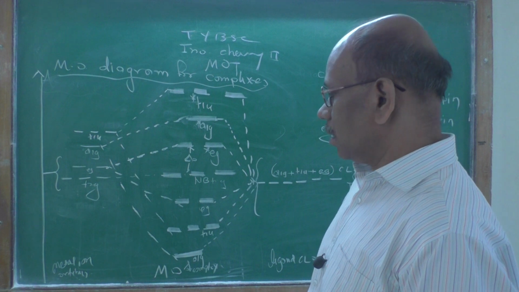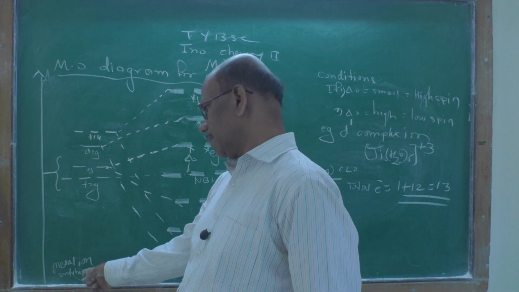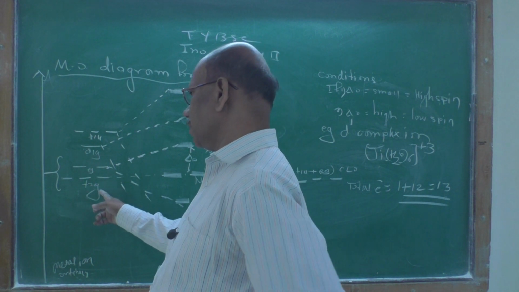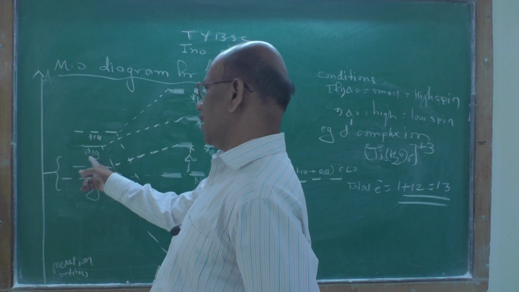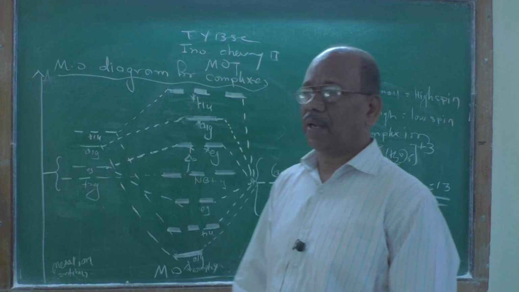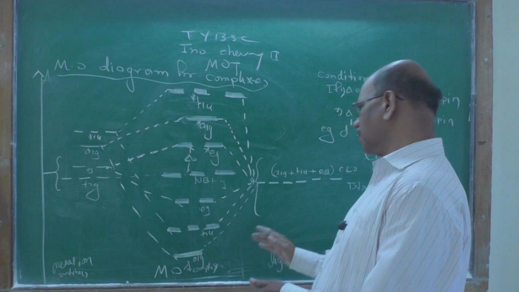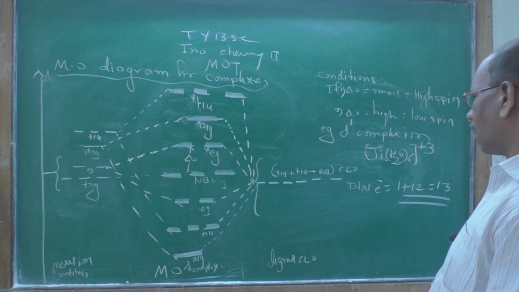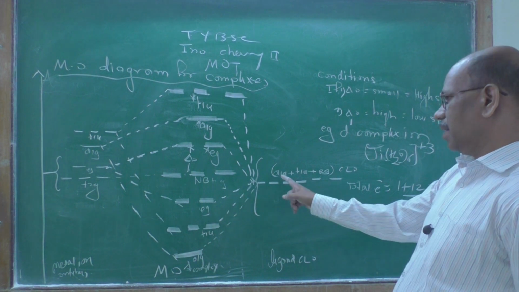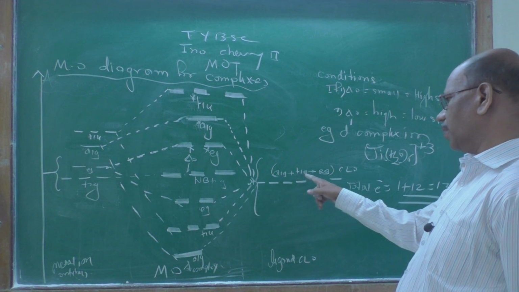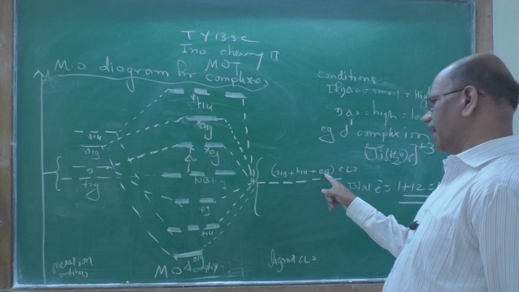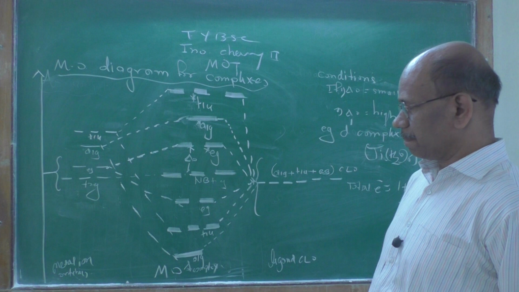On the extreme left side are the metal ion orbitals: T2g, Eg, A1g, and T1u. On the extreme right side are the composite ligand orbitals having the same symmetries, A1g, T1u, and Eg. These are the 6 composite ligand orbitals.